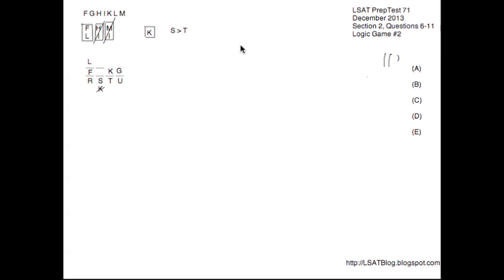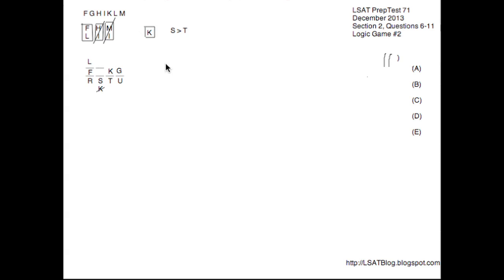Finally, number 11, if F goes to R, how many of the other applicants can we determine? Well, if F goes to R, we know right away that L has to go to R also because F and L are always together. So right away, aside from F, we have L, K, and G all placed. K has to go to T because it has to be alone. So our remaining variables are M, H, and I. Now, we know that neither M nor H could possibly be with I, so if we were to put I on S, we're not going to be able to put either M or H to fill the remaining space.